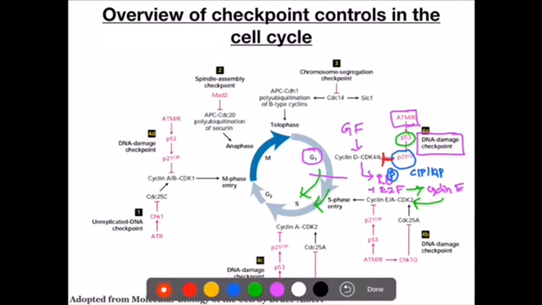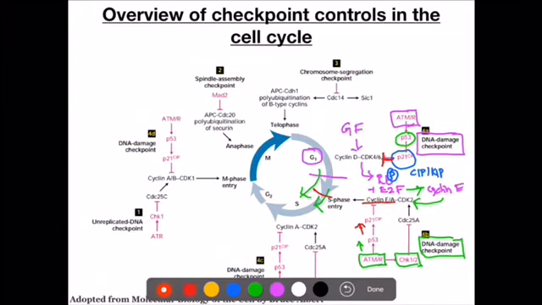This cyclin E-CDK2 complex is inhibited in response to DNA damage at S phase entry. In response to DNA damage, these proteins get activated: ATM, ATR, CHK1 and CHK2. ATM/ATR protein synthesizes P53, and this P53 in turn synthesizes P21, and this P21 inhibits the cyclin E-CDK complex, and inhibition of the cyclin-CDK complex arrests the cell cycle at entry of S phase.